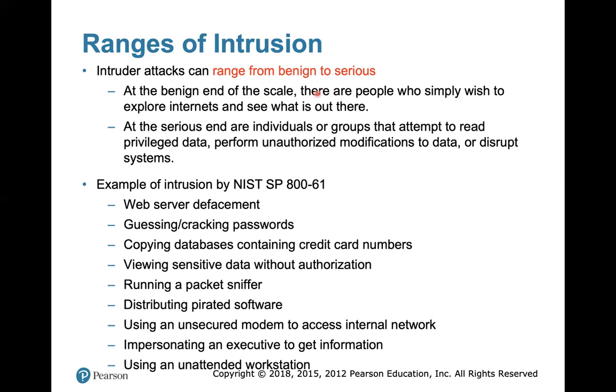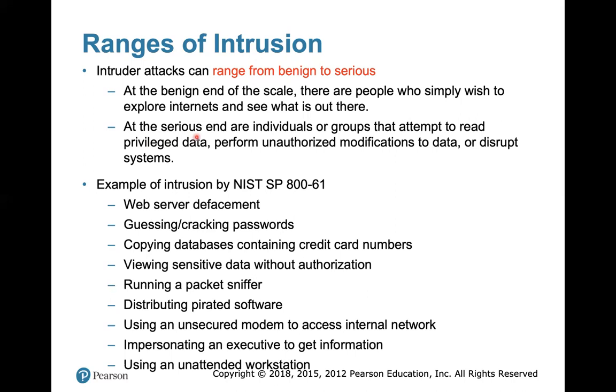At the benign level, we see some people who just explore the internet, and since their numbers are very high, they may come across some vulnerabilities, and intentionally or unintentionally they may conduct some intrusion into your system. They may access something in your system, but they are not there to hurt your system or steal your information.